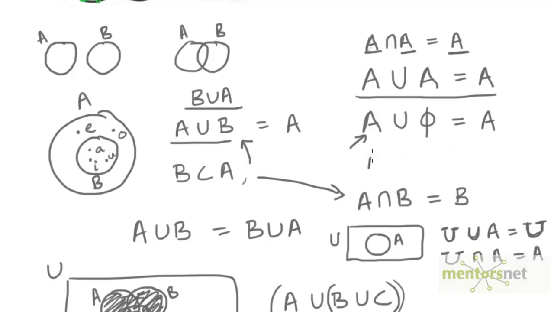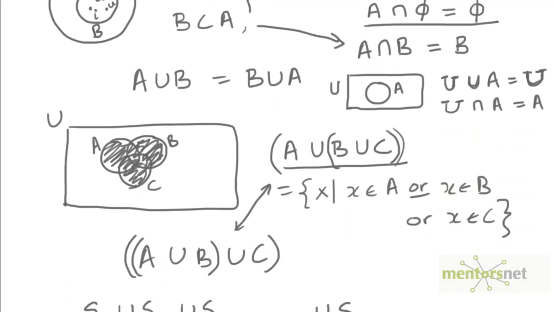Okay, what if we take the intersection of A with the empty set for any set A? Since there are no elements in the empty set, there cannot be any elements that are common to the empty set and any other set. So the result of taking the intersection will always be the empty set.